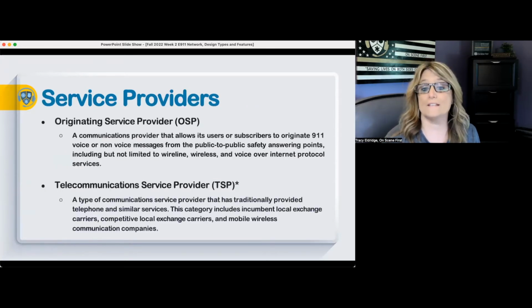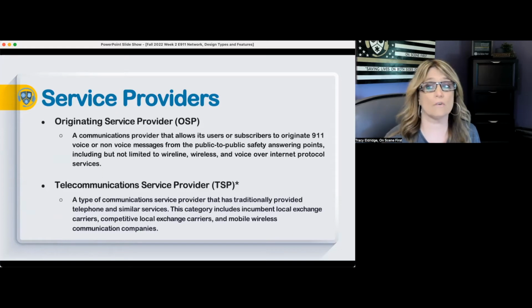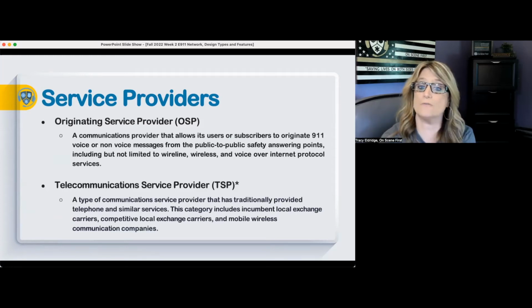As far as the OSP and the TSP, in your manual it's going to refer to the TSP, but they're both very similar in the point we're trying to make here as far as service providers go.